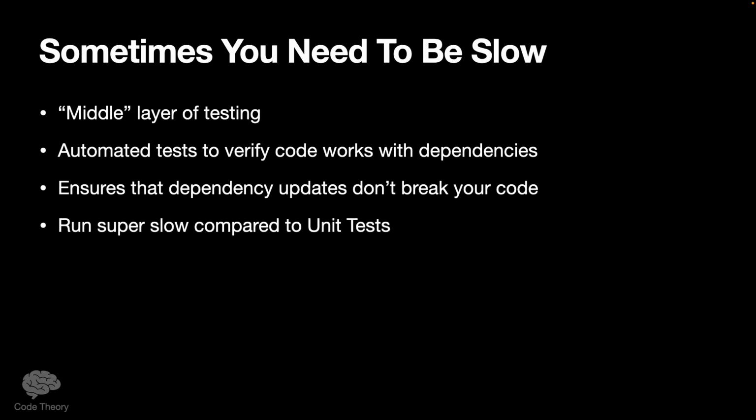But the problem with them is that they run super slow compared to unit tests. Remember, we have this adage that the tests have to be fast or we won't run them, right? It just won't happen when we're under pressure, okay? But the environment I'm describing with the over 1,000 teams, right?